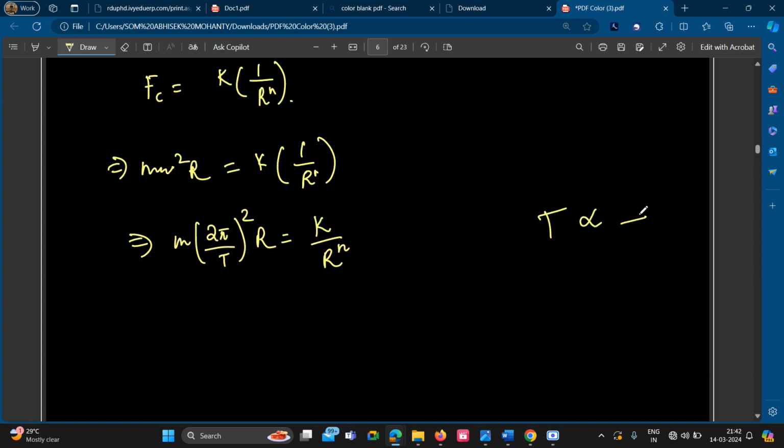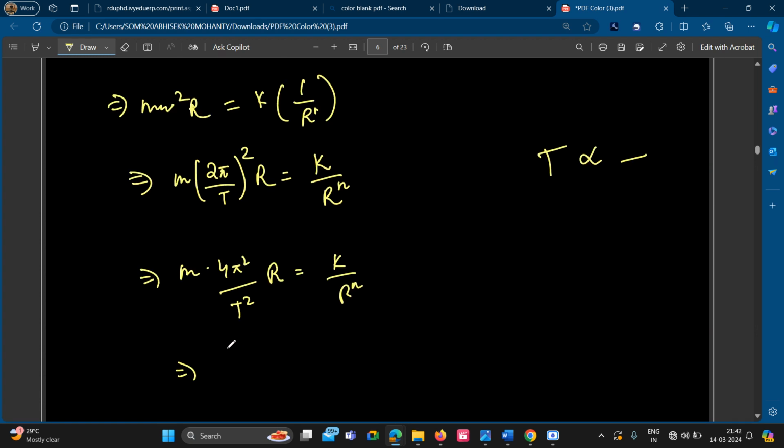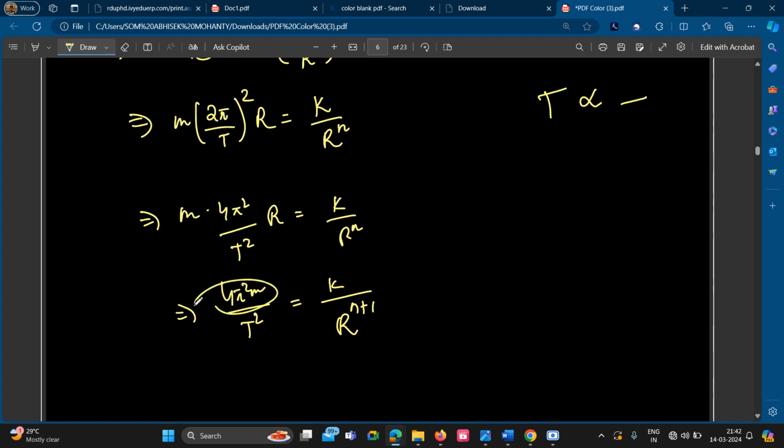T dependence on r, right? So m into 4 pi square by T square into r is equal to k by r to the power n. If I take r to that side, so this is 4 pi square m by T square is equal to k by r to the power n plus 1, right? So now let's consider this as a constant. We just need the dependence.